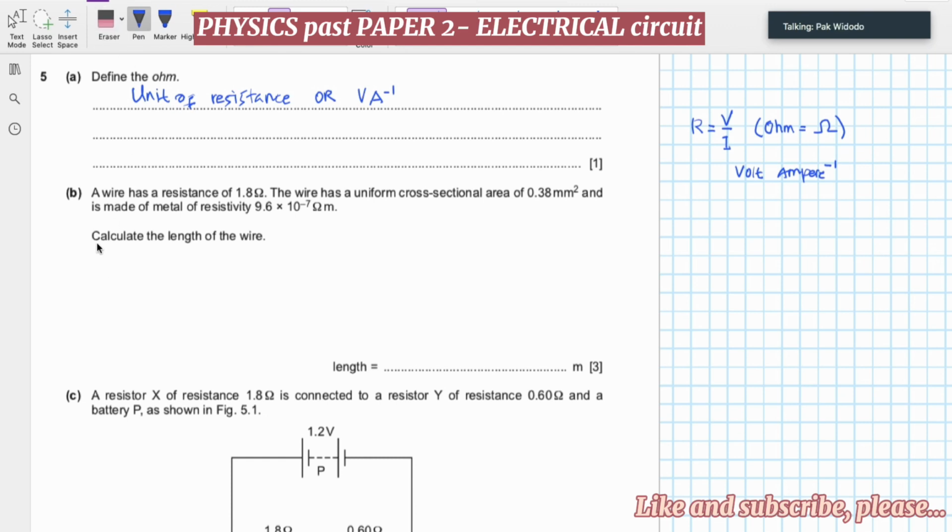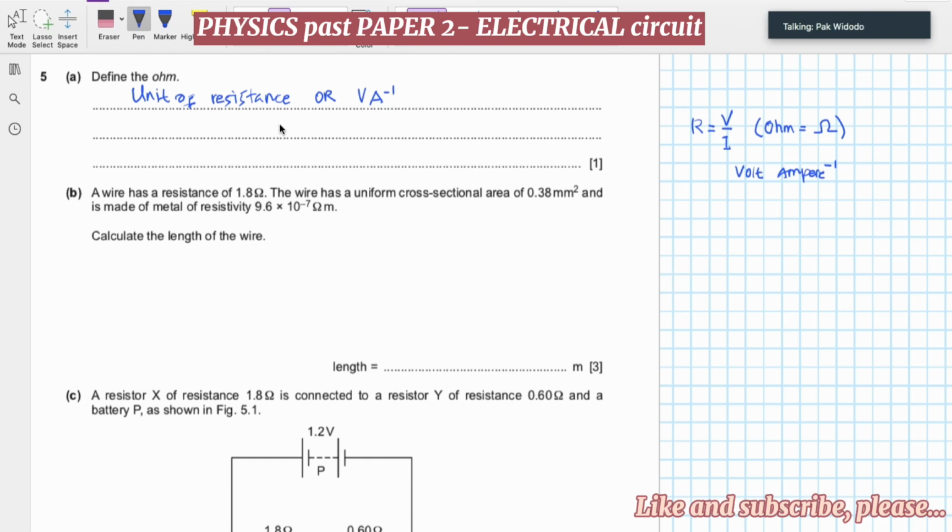Okay, what about question B? A wire has resistance 1.8 ohms. The wire has a uniform cross-sectional area 0.38 millimeter square and is made of a metal of resistivity 9.6 times 10 to the power minus 7 ohm meter. Calculate the length of the wire.